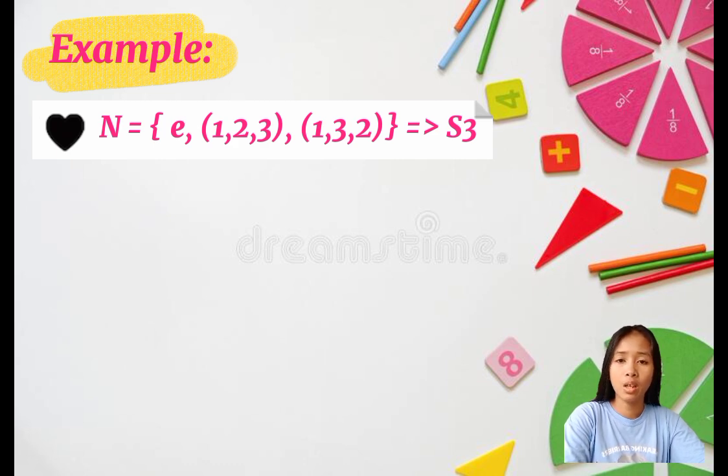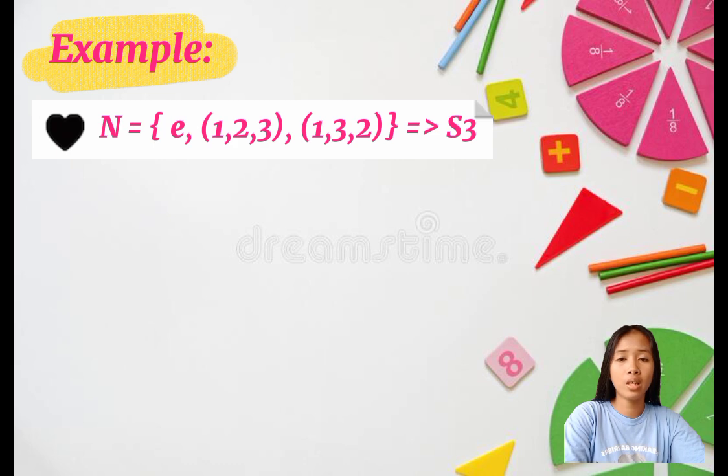So for example, if we take this element from N, the permutation (1 2 3), all of its conjugates must also be in N. Remember, a conjugate is any element of the form x (1 2 3) x inverse, where x can be any element of the group S3.